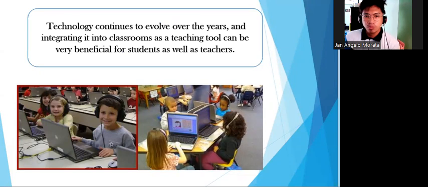And we have the equipments and sa ating computers, yung mga hardware devices natin, from cables to wireless, naging wireless na. And we can also observe na as time went by, became portable na, nadadala natin kung saan natin gusto.